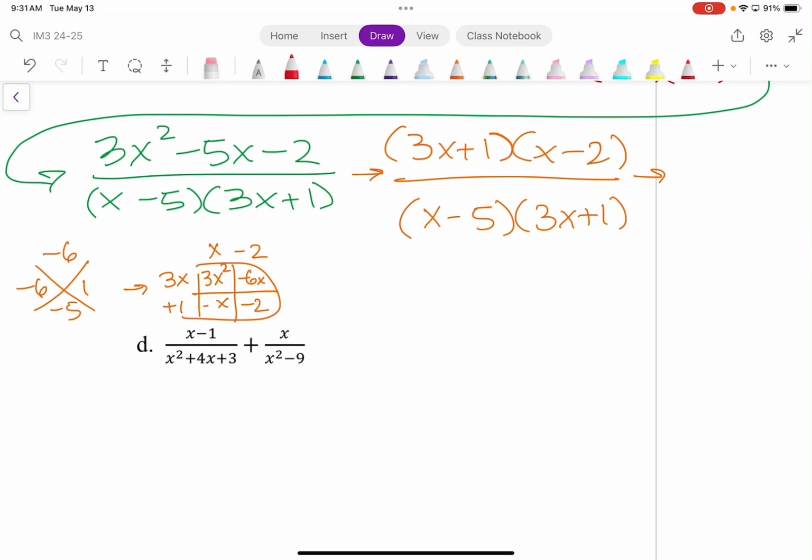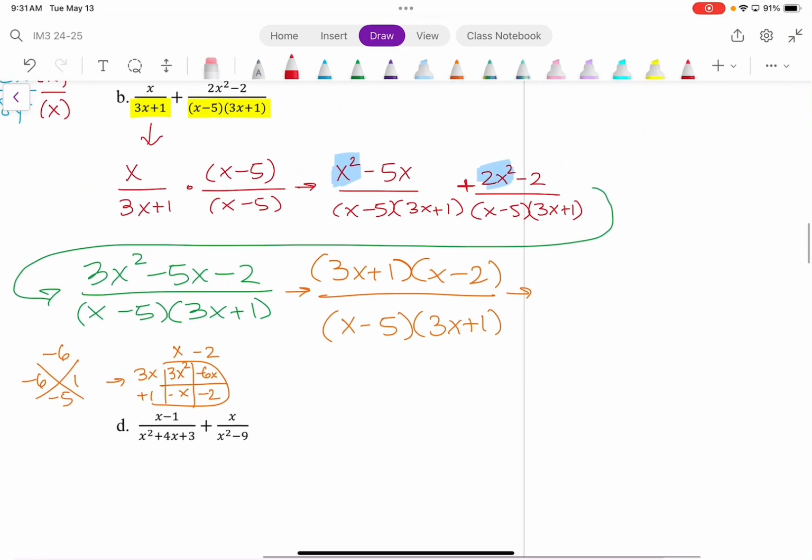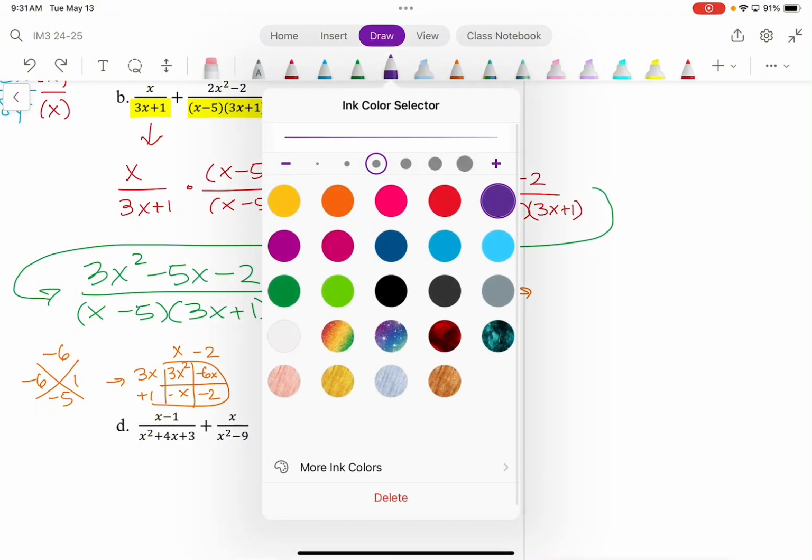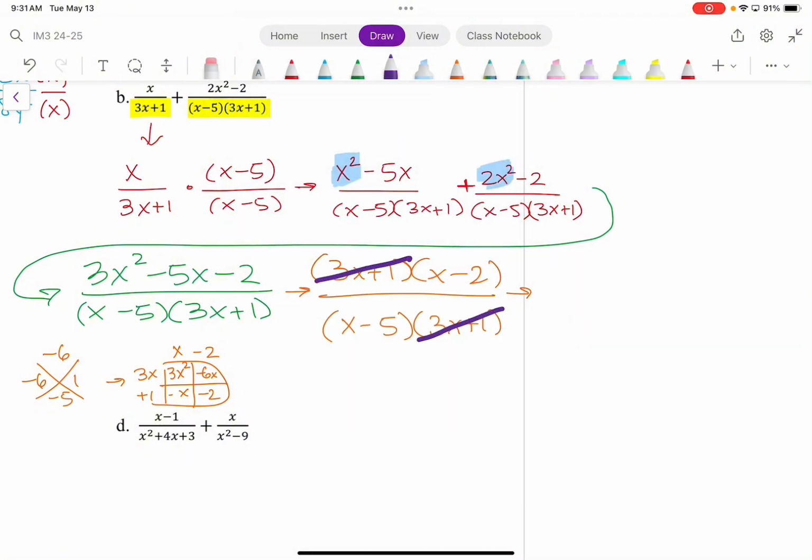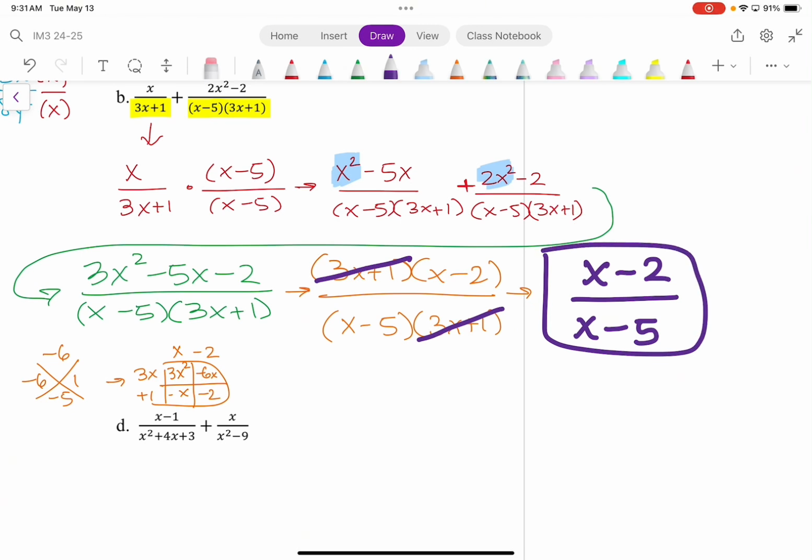What remains is x minus 2 over x minus 5. So just a little combination of everything we've seen up to this point. Okay. I'll leave this up. You guys can continue working.